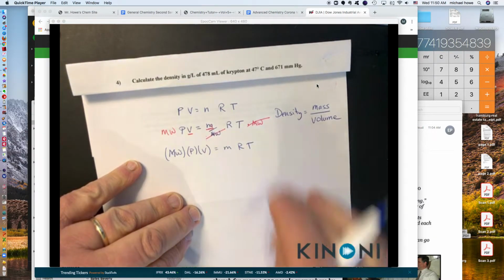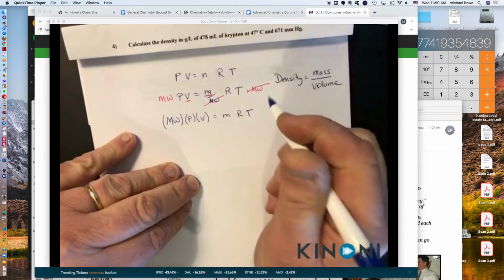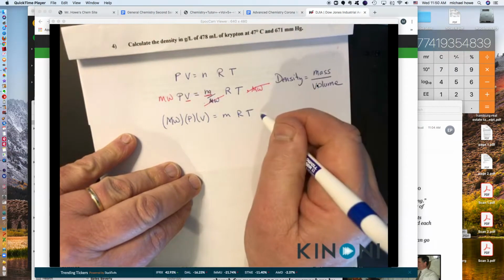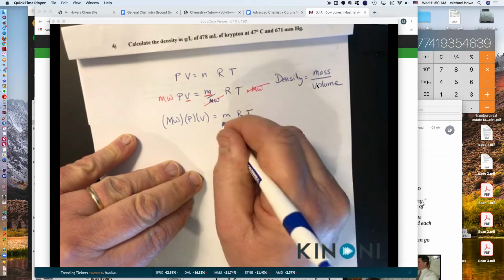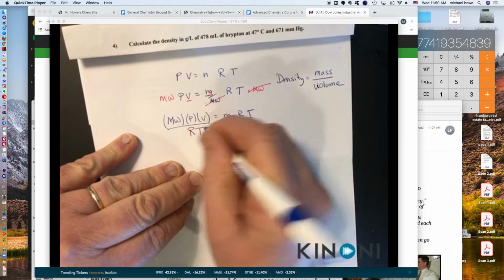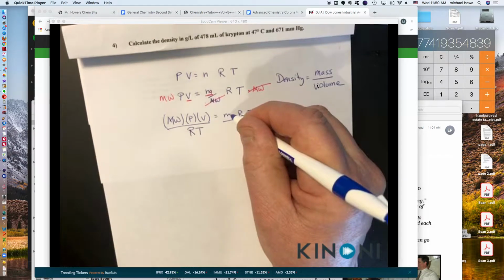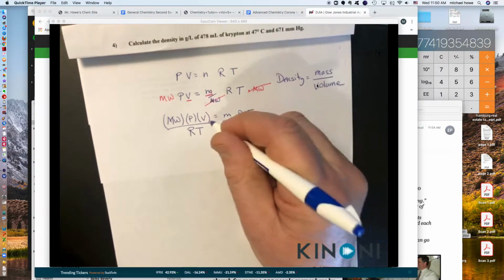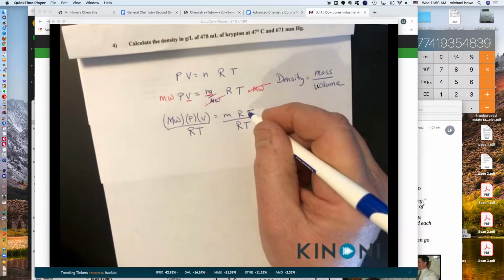And then, if we divide both sides by RT, the reason I'm doing that is I'm trying to get mass on top and I want volume on the bottom. In just a moment we'll do that.